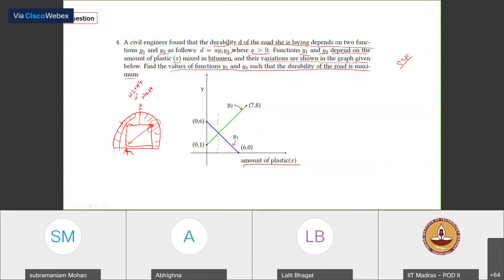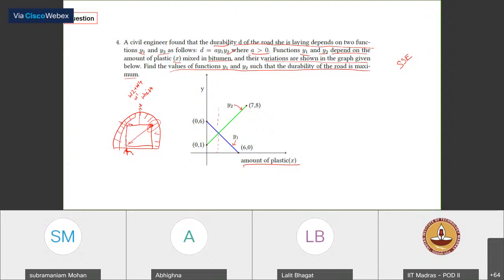That is the vertex point. Since the vertex is maximum, the parabola is downwards, so at the intersecting point it is obviously coming maximum. But if we are asking where the durability is maximum, durability would also be maximum. No, sir, because it says that it's a function of y1 and y2.